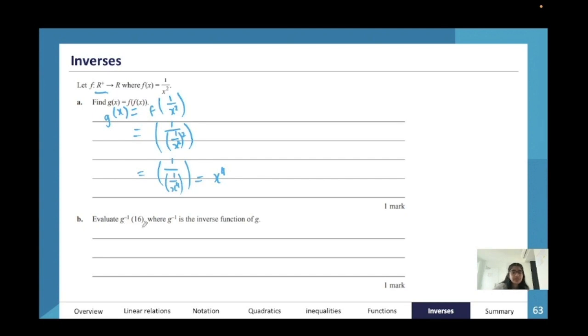Evaluate g inverse of 16, where g inverse is the inverse function of g. I'm assuming this is an exam 2 question because it's only 1 mark. Okay, g inverse of x. First, let y equals g of x. Therefore, y equals x to the power 4. Swap x and y for the inverse.